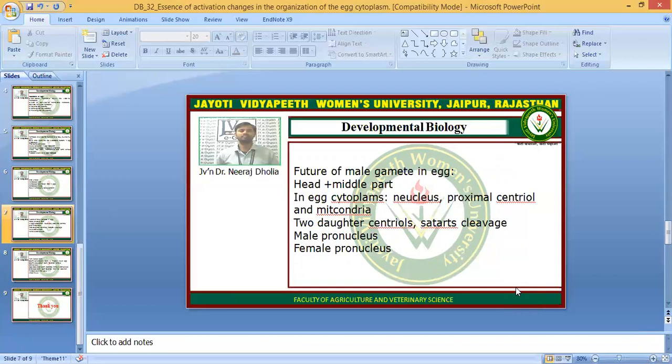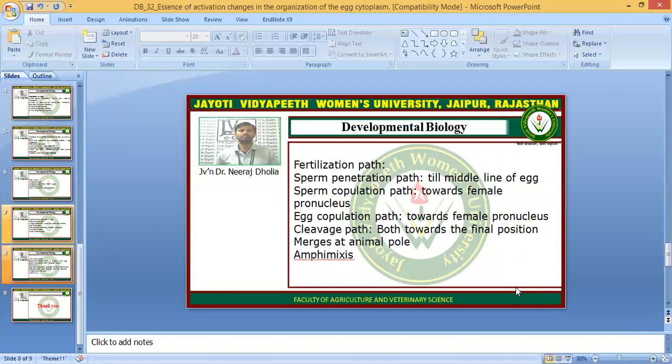These two nuclei will form a complete nucleus, and before the formation of the complete nucleus, the parts of the nucleus are known as pronuclei. The male and female pronuclei traverse various paths in the egg cytoplasm and finally merge at a position known as the animal pole.